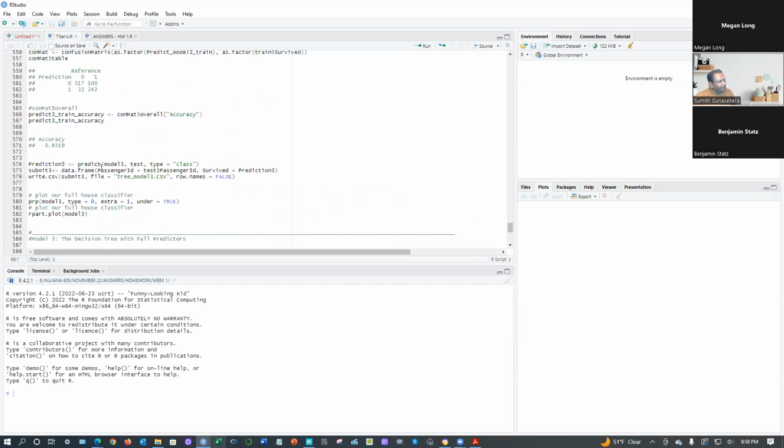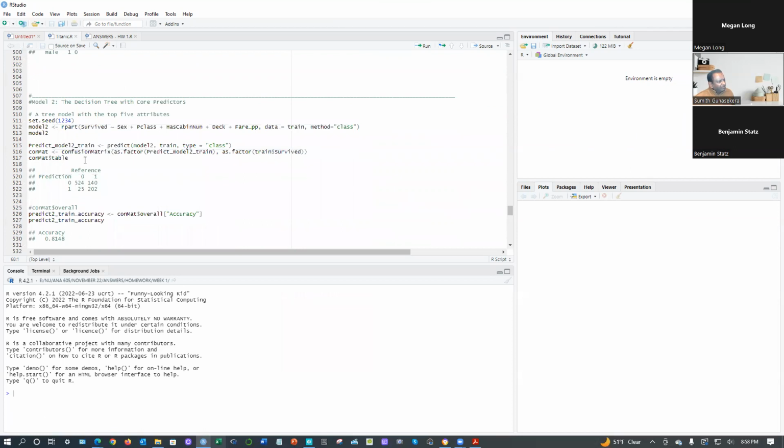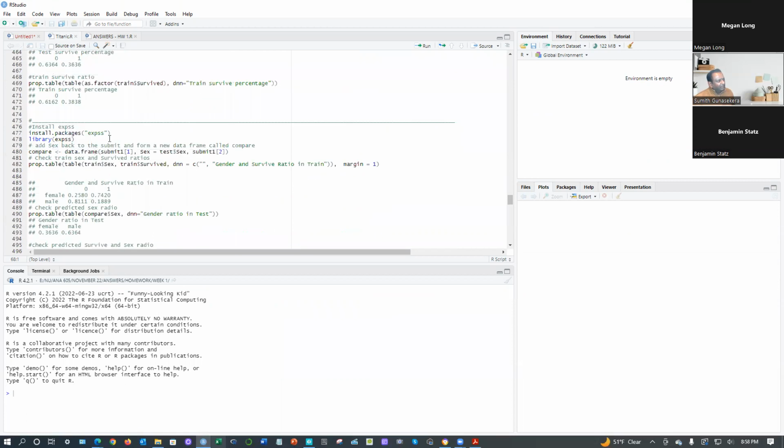Model 3, model 1. Let me show you model 1. The R part.